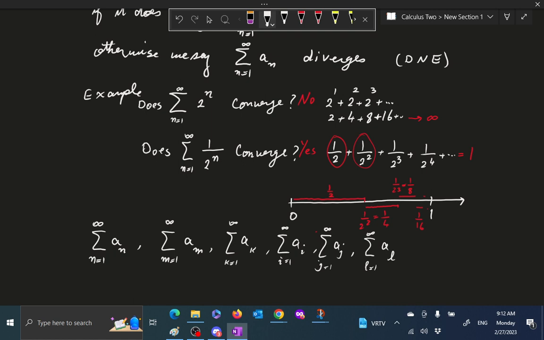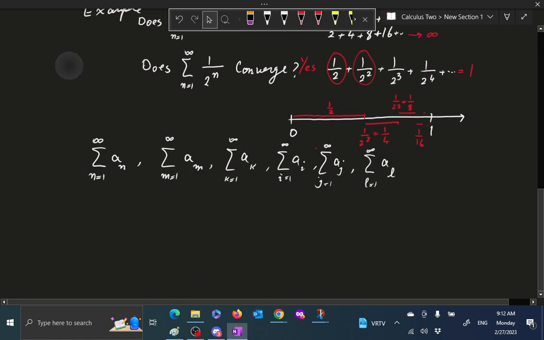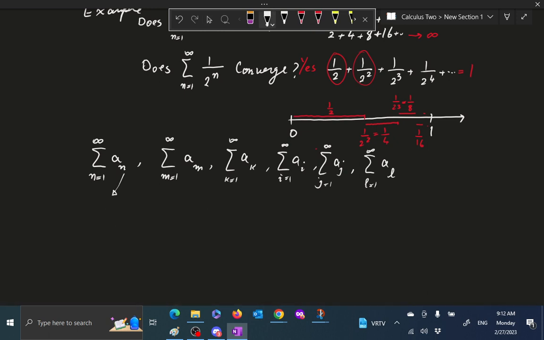Of course, I could have used any letter. I could have said a sub x and a sub y or a sub z, but it might be a little bit disconcerting to have some unfamiliar letters here. So this is a convention that is used. As far as I know, it comes from old Fortran computer language notations, where if you wrote n, m, k, and so on, the program would have automatically assumed that you are dealing with a whole number as opposed to a decimal number.